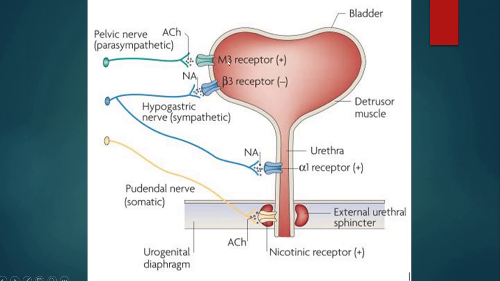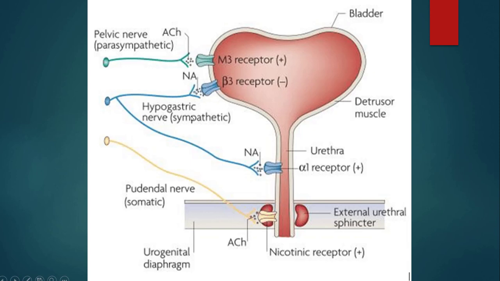In the wall of the bladder, in the detrusor muscle, there are receptors present on the surface of the bladder. The parasympathetic nerve fibers release acetylcholine, and for this the receptor is the muscarinic receptor or M3 receptor, which contracts the bladder or has a positive effect on the bladder.